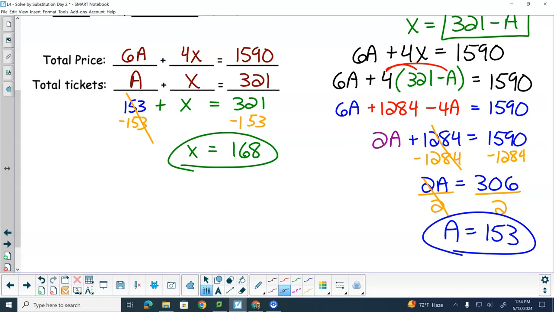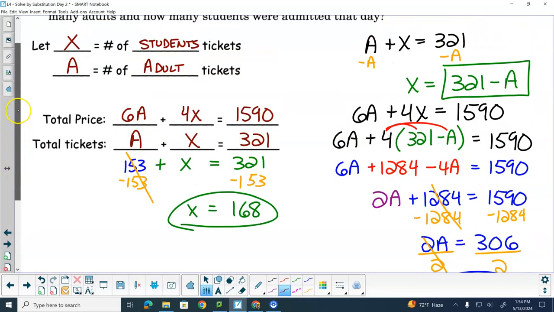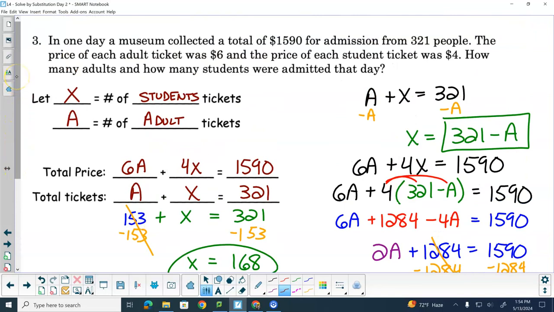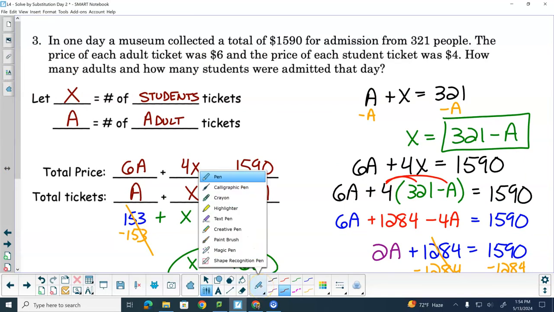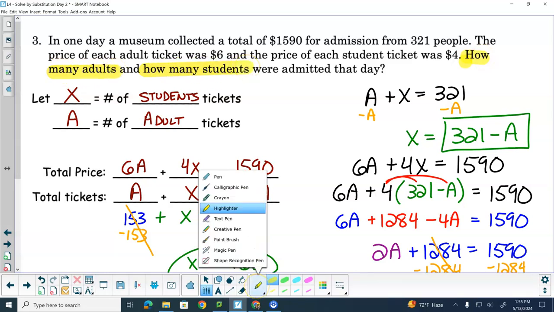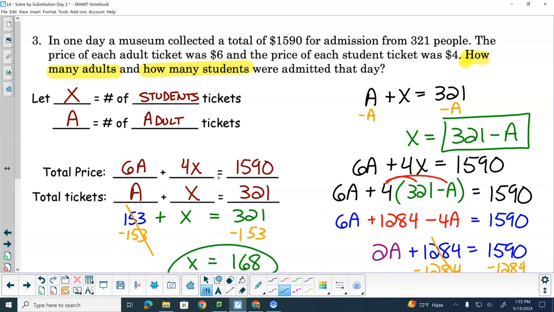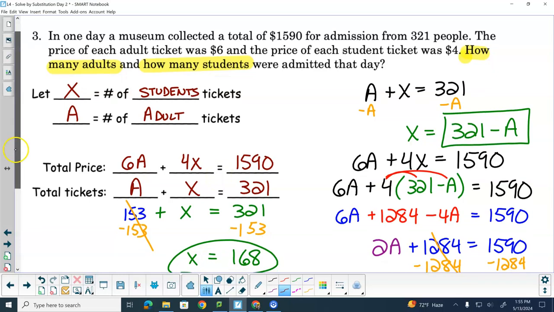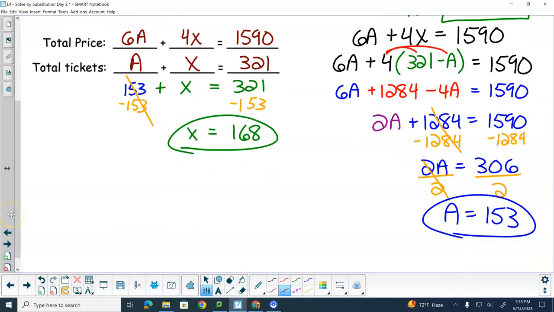Read the problem again. What are we looking for? How many adults and how many students? So what's the answer? 153 adults and 168 students. Yes. And we've got to write that out.